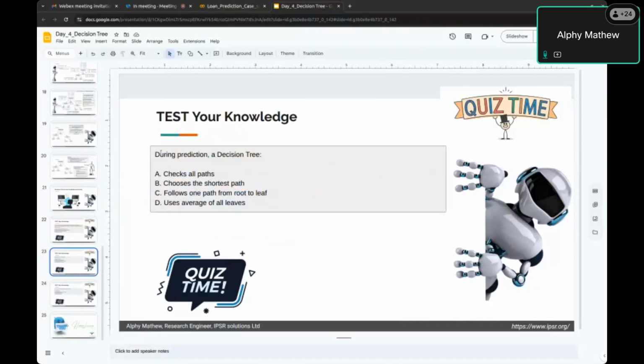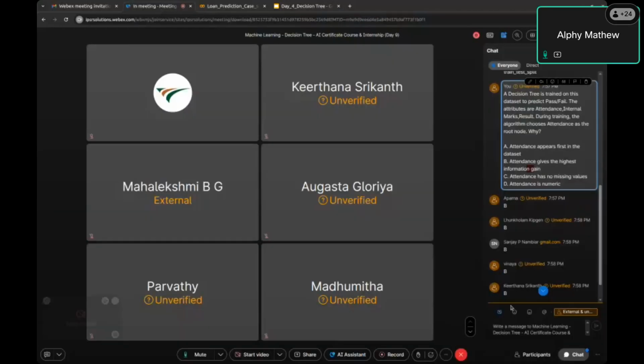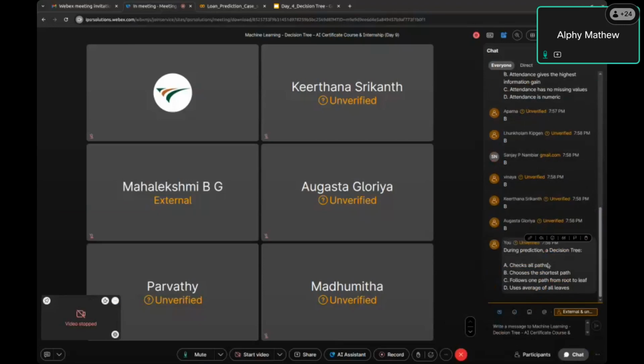And the next question, during prediction, a decision tree, fill the sentence. Okay, it's very simple. During predictions, decision tree checks all paths, chooses the shortest path, follows one path from root to leaf, uses average of all leaves.